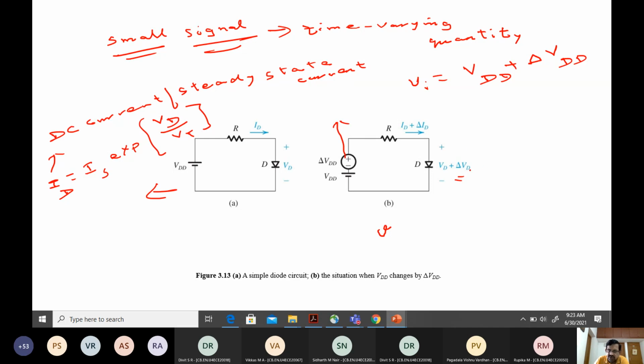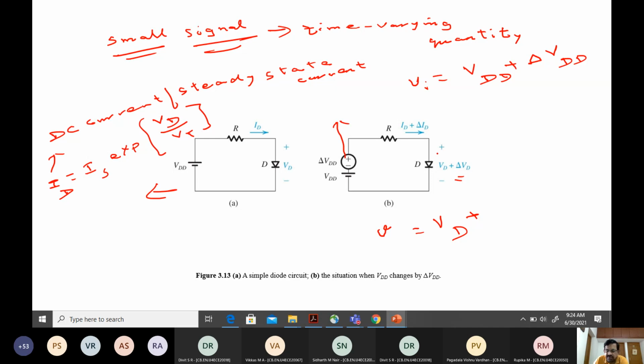The delta VD is a time varying quantity, so I have to accommodate that. Earlier it was capital VD. You can ask me, sir, why are you considering only plus?